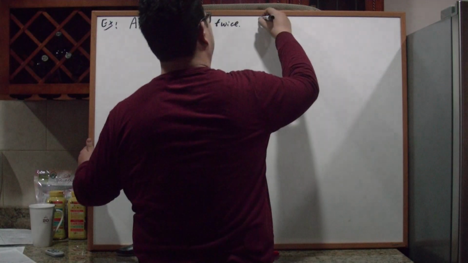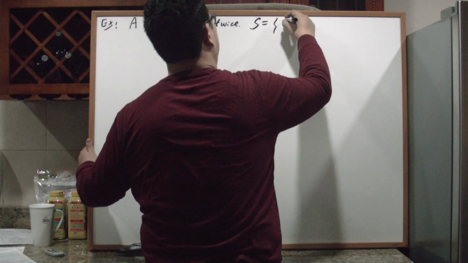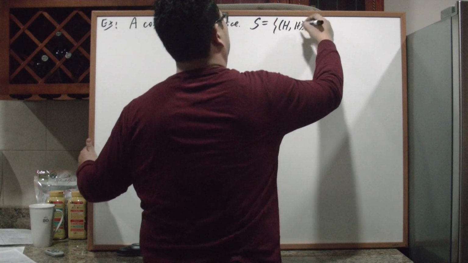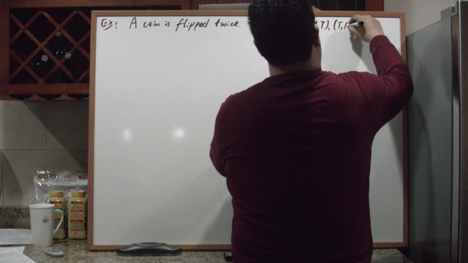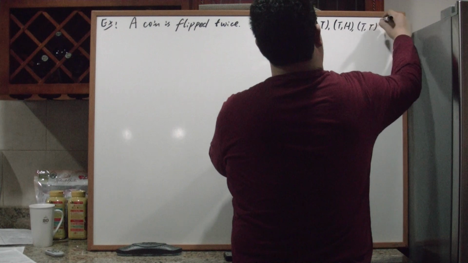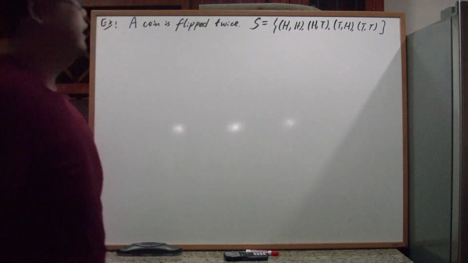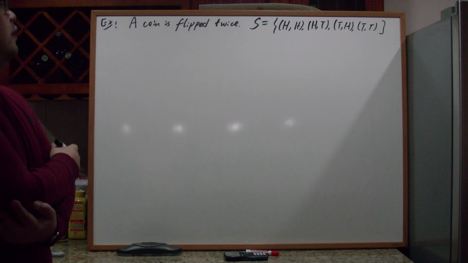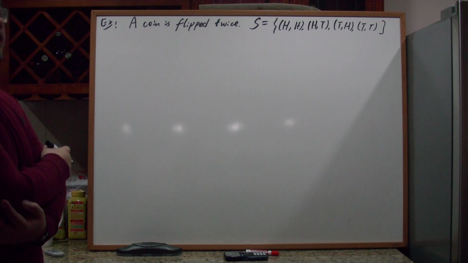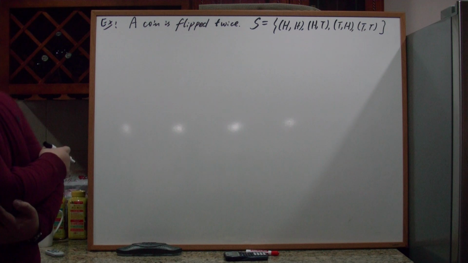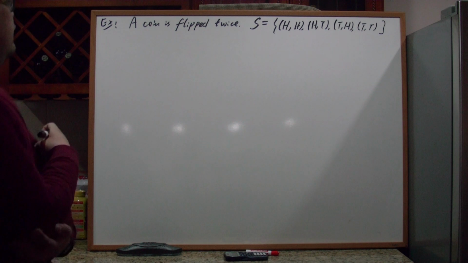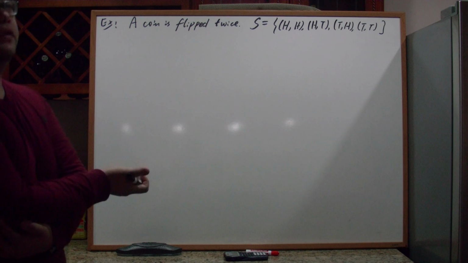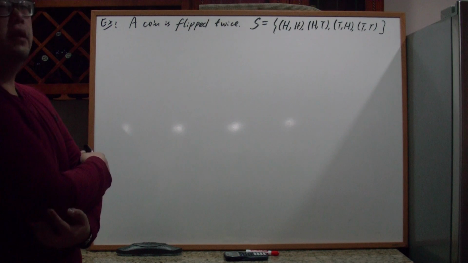For two coins, the sample space will be: both land on heads, the first is head and the second is tail, the first is tail and the second is head, or both land on tails. And of course, if the coin is fair, then each outcome is equally likely.